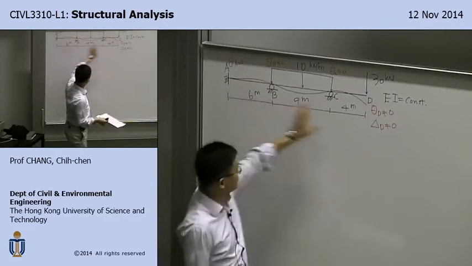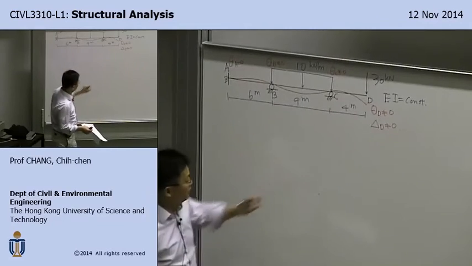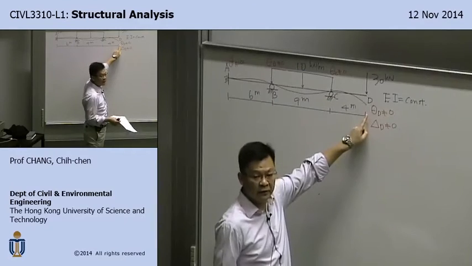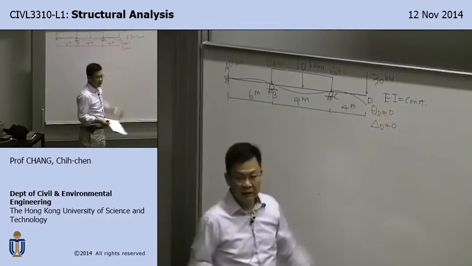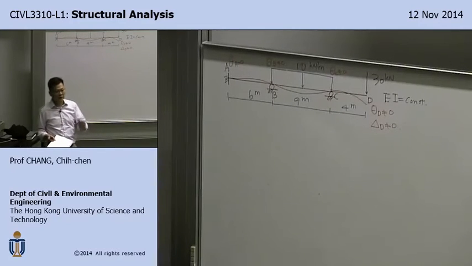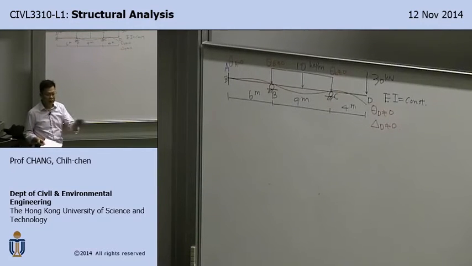If you look at the structure carefully, if these 2 pieces of information are not very critical to you, say I only want to get the internal force. I want to get the shear force. I want to get the bending moment. I don't really care about deformations, OK?